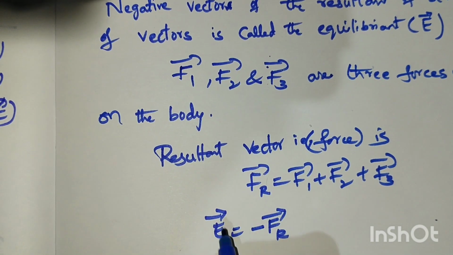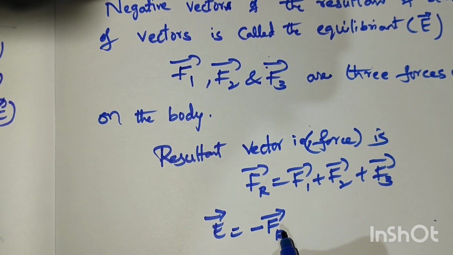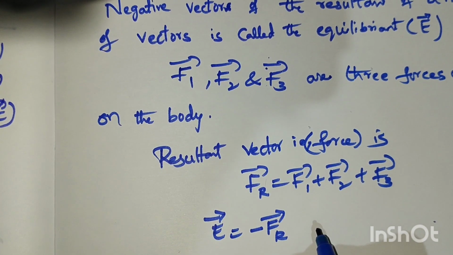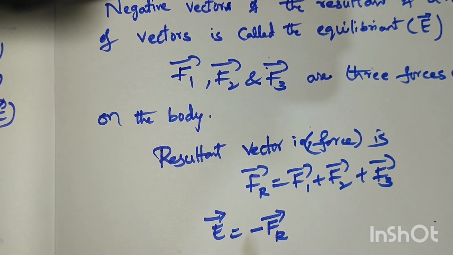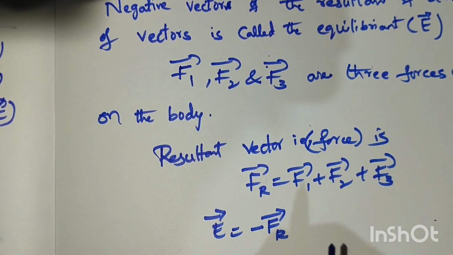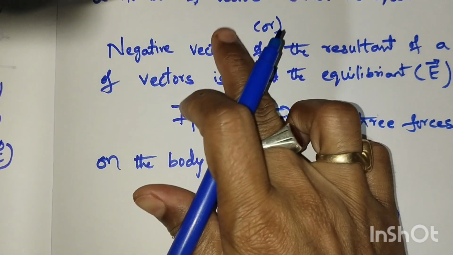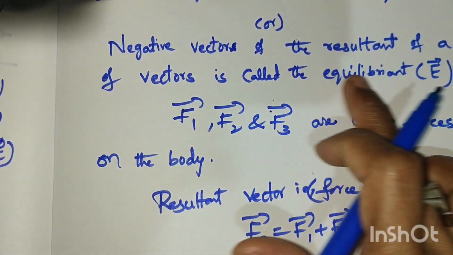So the equilibriant will be equal to the resultant force, having the same magnitude but in the opposite direction. The negative vector of the resultant of vectors is called equilibriant.